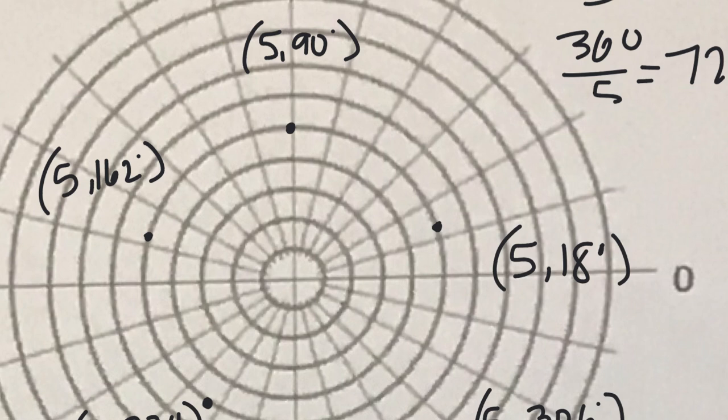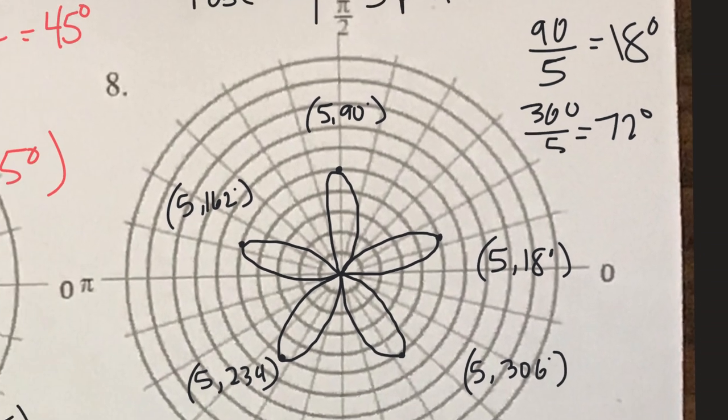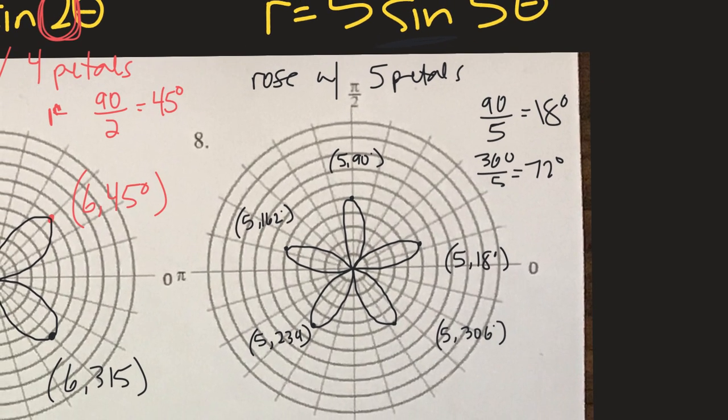If this is 270, that means this is 300, and that's 315. So somewhere in here is 306. So those are your 5 petals. We start at the origin because the sine of 0 is 0, and we make our petals that go out and come back. That one was not very symmetrical, but that's okay. I'm not grading you on your precision of your petals, but rather on the placement of your points. So there we have a 5-petaled star with a radius of 5.